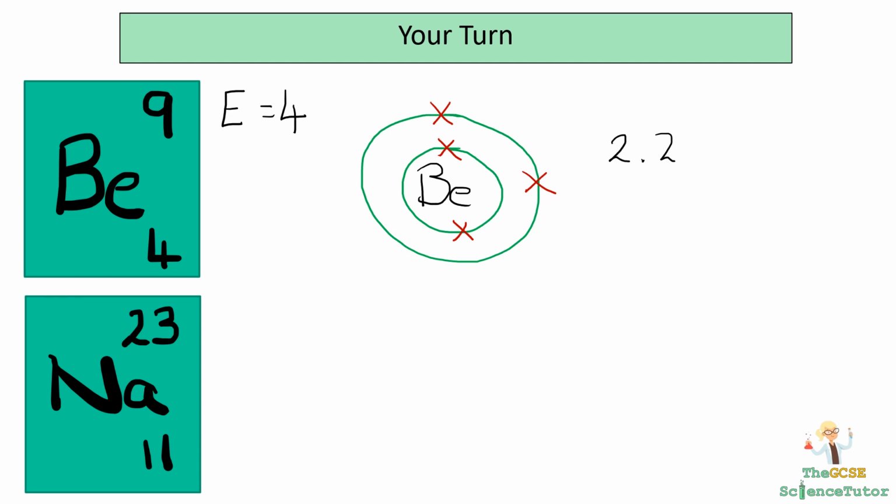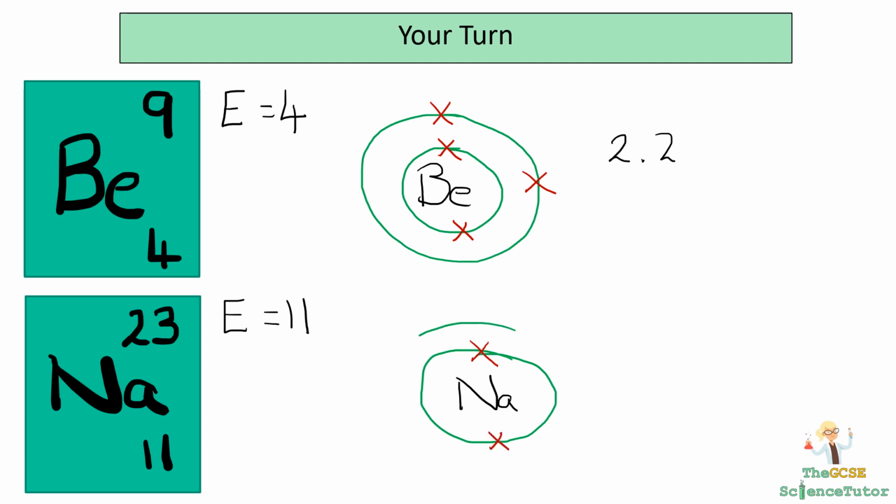Now let's look at sodium. Sodium has an atomic or proton number of 11, which also means that it has 11 negative electrons. We're going to draw the symbol in the center, in the middle, to represent the nucleus and the first shell. The first 2 electrons are on the first shell.